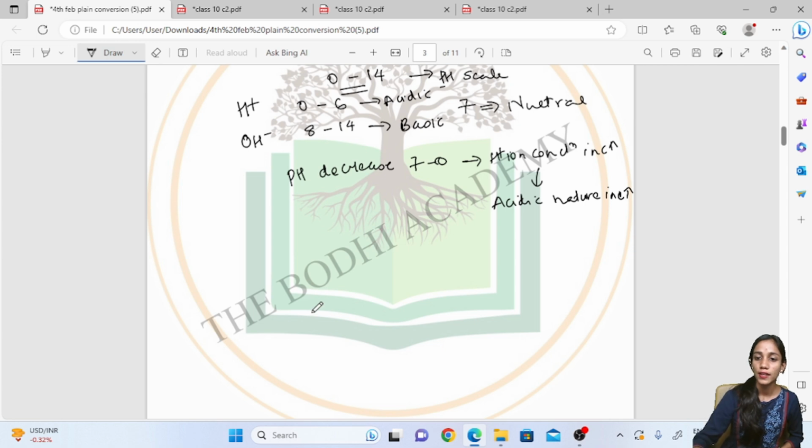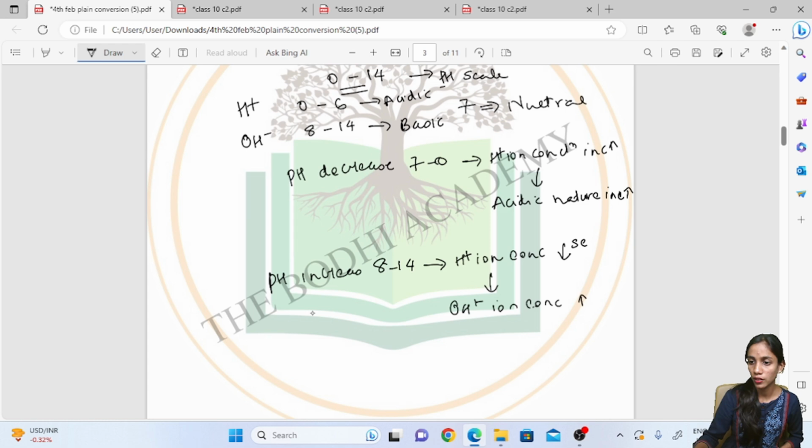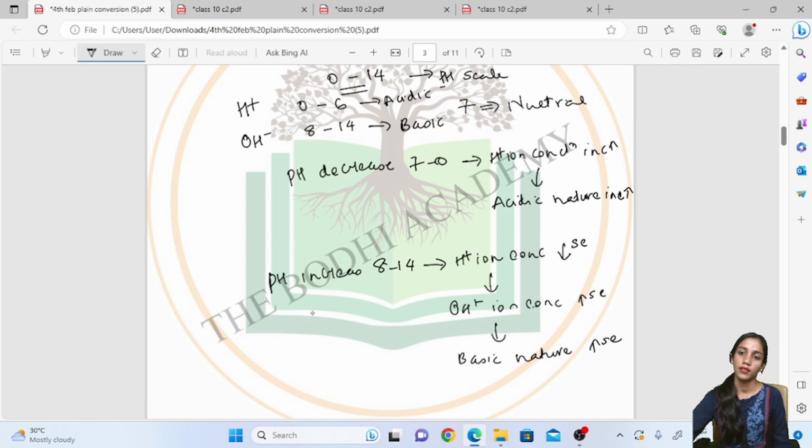So as the pH increases from 8 to 14, the H plus ion concentration decreases, the OH minus ion concentration increases, and the basic nature also increases.